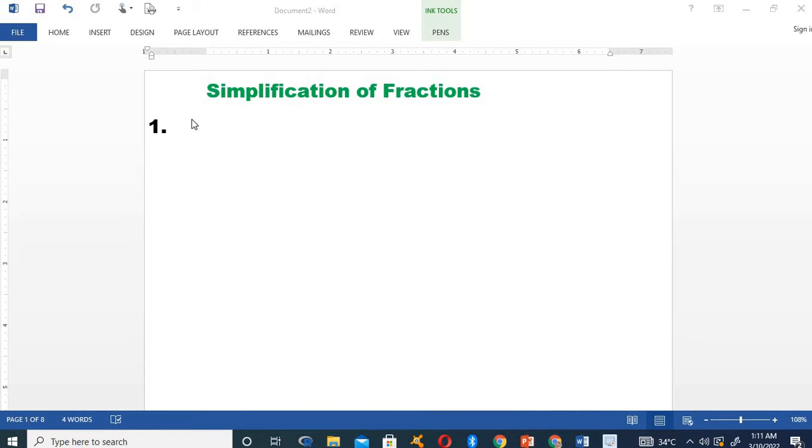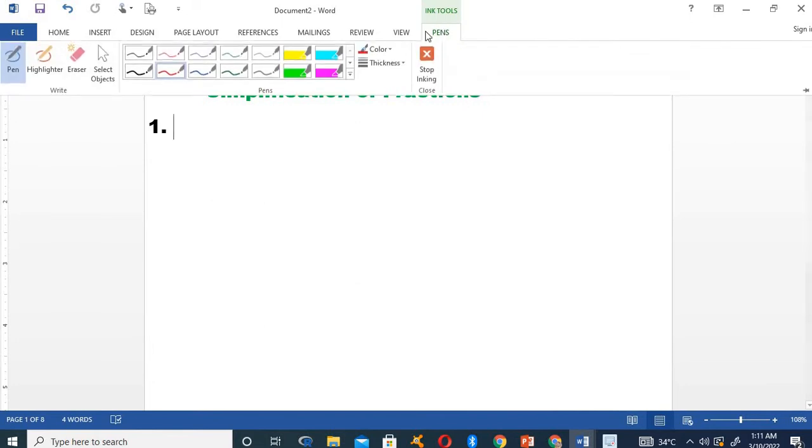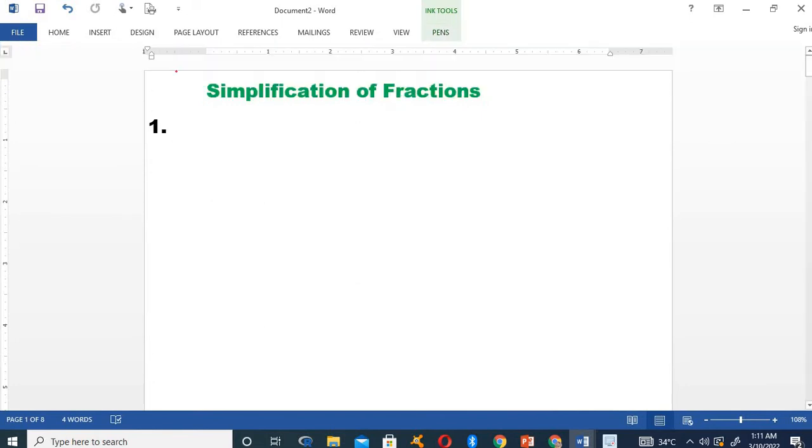So this is my first problem. Three over 4 divided by 1 and 1 over 4, times 1 and 1 over 2 minus 2 over 3.